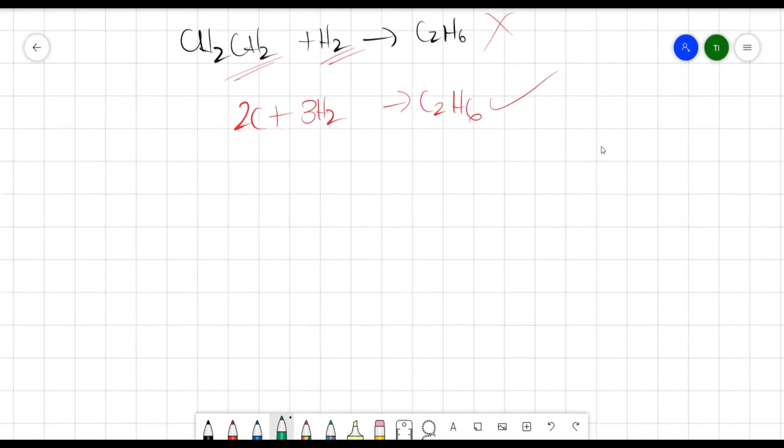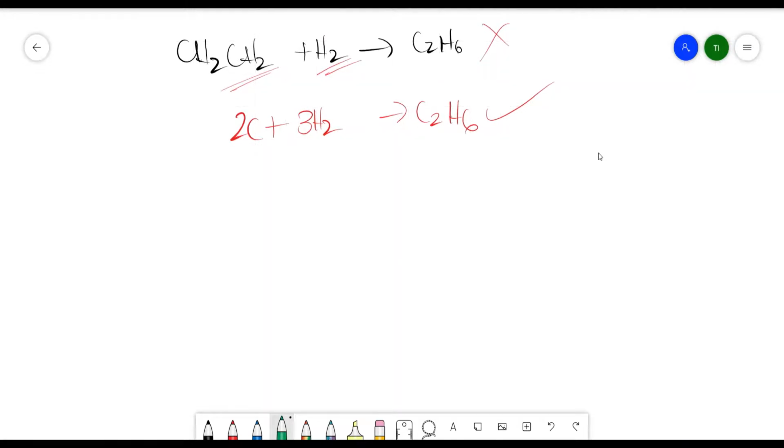Now, how would you represent this last part, where I said that this is not an appropriate example, but this is? How would you represent this in a Hess cycle? Well, you see that even though C2H4 plus H2 gives C2H6 is not an appropriate example of standard enthalpy change of formation, it is a right equation, right?